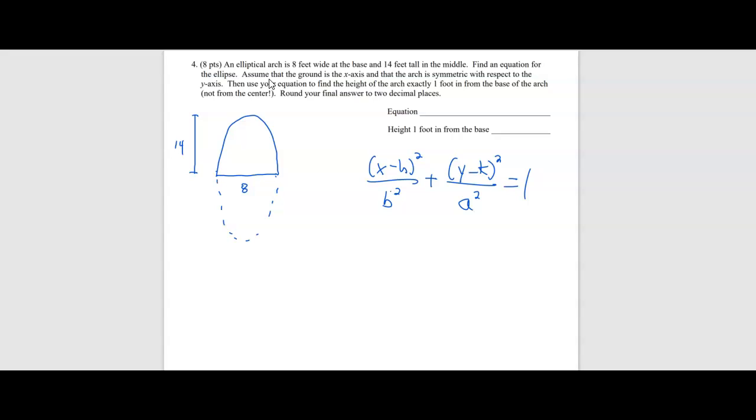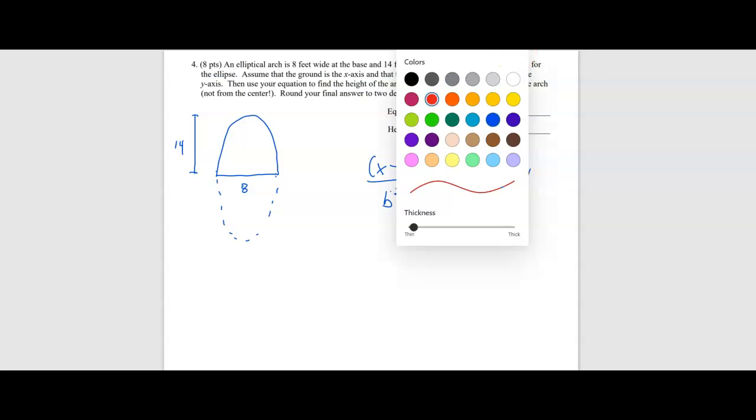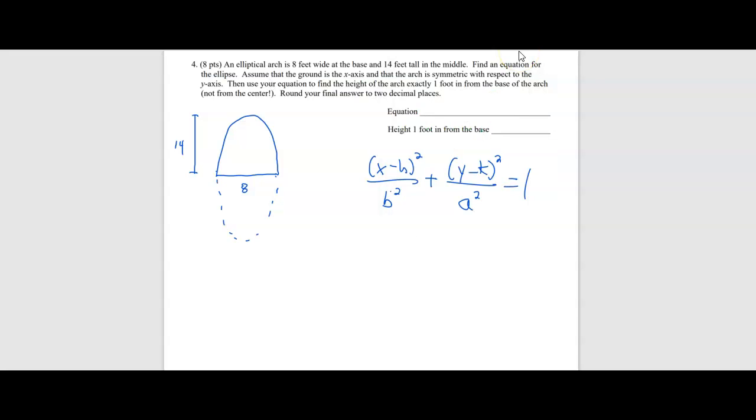We need to determine the center. Now, superimposing a coordinate system in here, we could do this in lots of different ways, but having the center of the ellipse be the origin of the coordinate system is the most convenient. With that information, we now have (0, 0) being the center, this point being (0, 14).